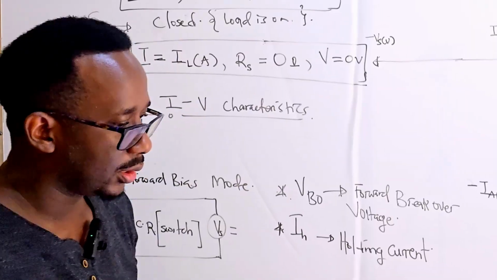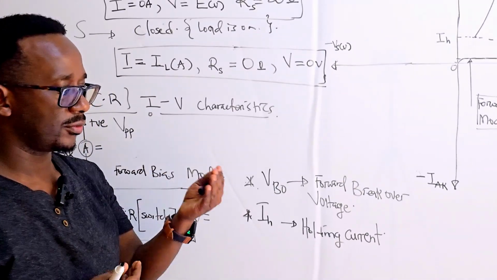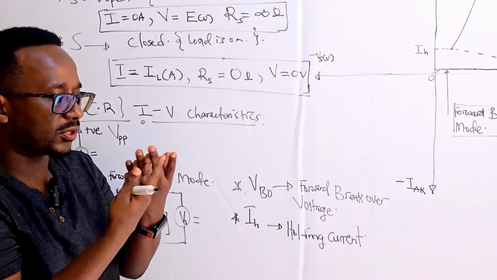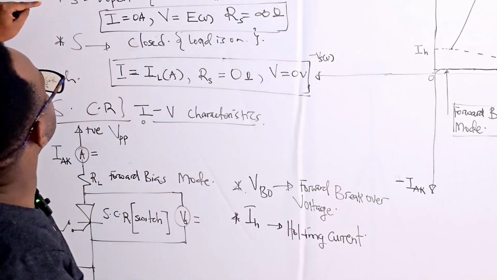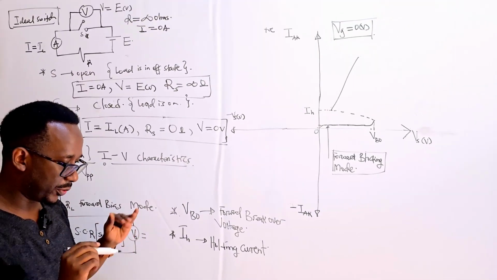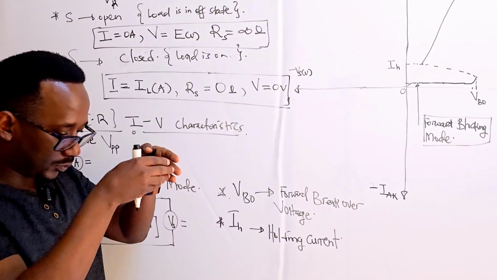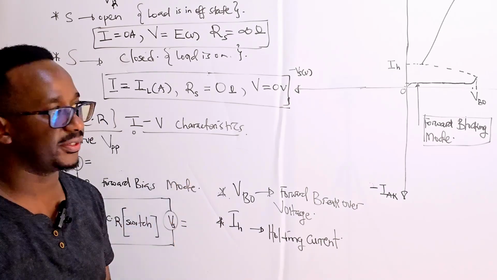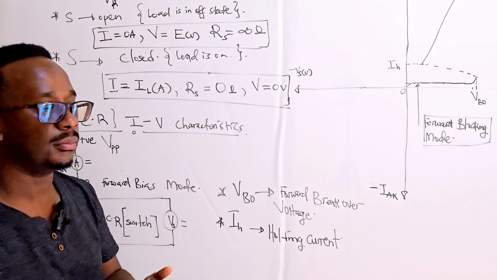We will look at ways of forcing the load current IAK below the holding current, in short, to turn off the device and go back to forward blocking mode.